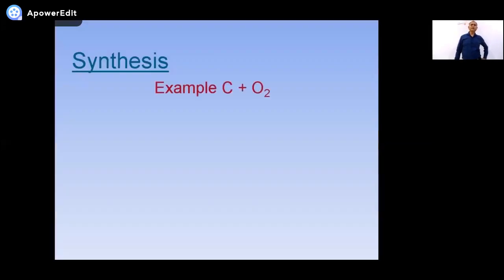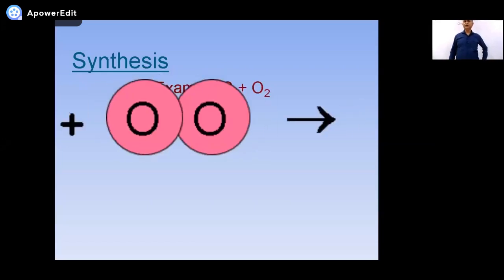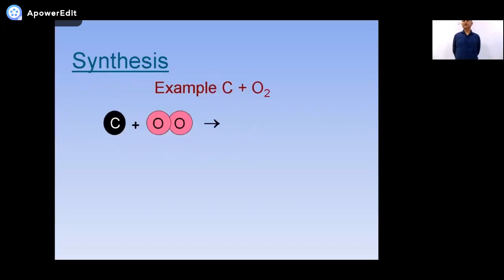So what do you mean by synthesis reaction? In which two or more than two atoms combine together to form a bigger compound. Like carbon and oxygen. What is the symbol of carbon? C. What is O? Oxygen. Oxygen always occurs in molecular form.